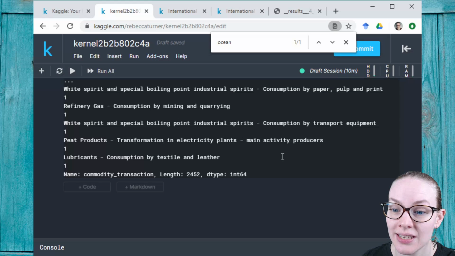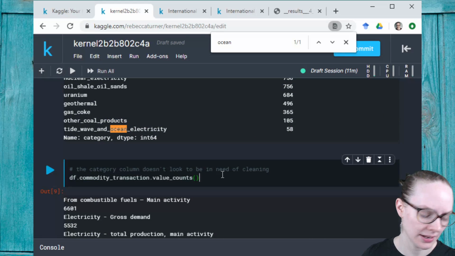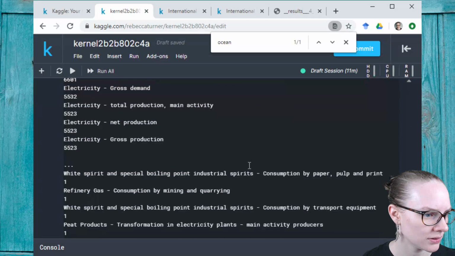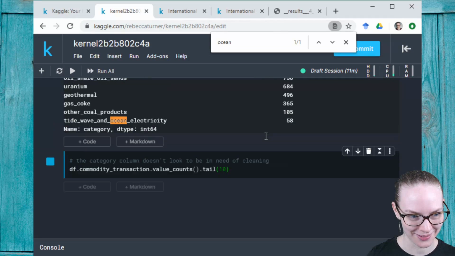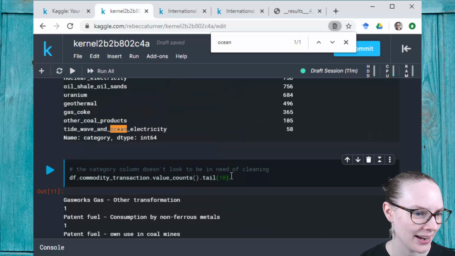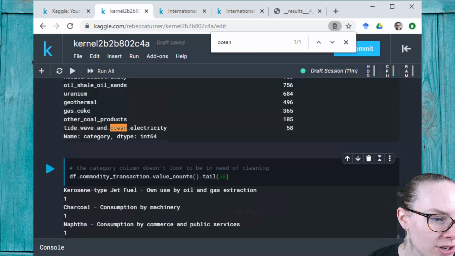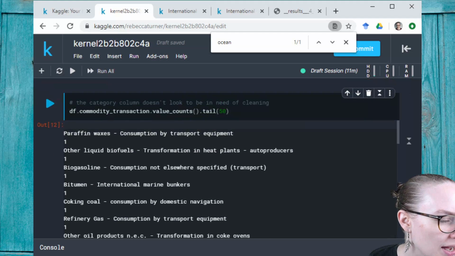I guess our second question is, is this actually a problem? Can I look at just the tail? No. Can I look at the tail if I say I want 10 of them? Yes. All right, let's actually look at the bottom 50. Okay, so the bottom 50 all only show up once.